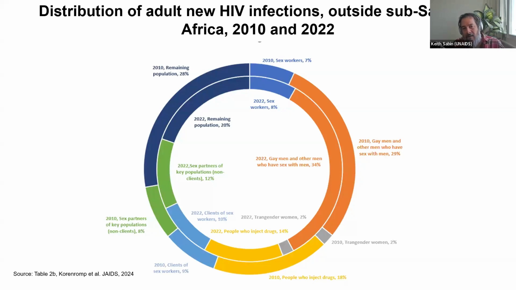Keeping in mind that the denominators for both circles here are the same. So these changes are the same in absolute numbers. If the bar is bigger in the circle, it means the absolute number is also bigger.